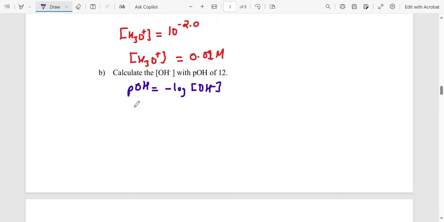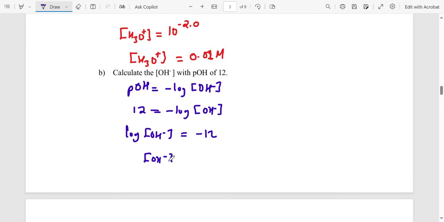The pOH is 12, and that is equal to negative log of hydroxide. Divide through by a negative, so log of hydroxide is going to be negative 12. So the concentration of hydroxide, therefore, the base of this logarithm is 10, the power becomes negative 12.